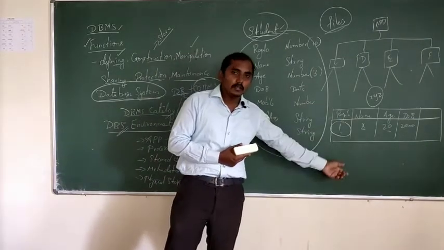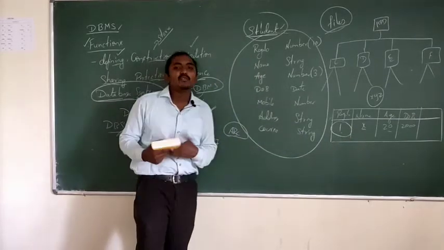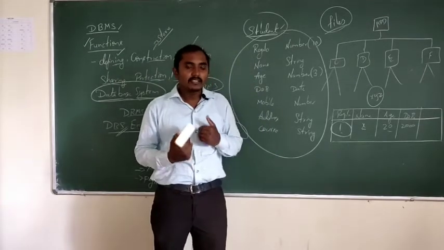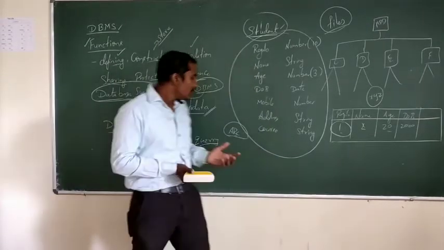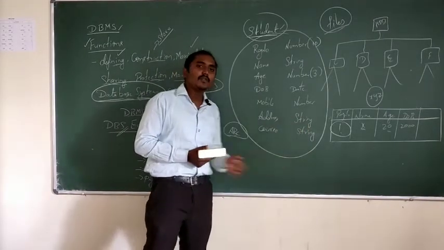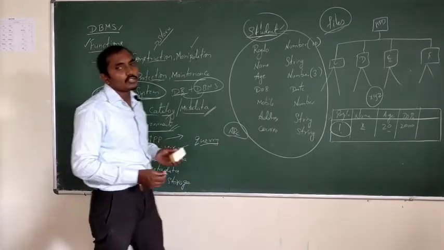So that is nothing but a query. Query is nothing but a question. This question is the user, that is me, asking one question: to search for this particular value called ABC in that table. So to process that information, we'll have the query processor.